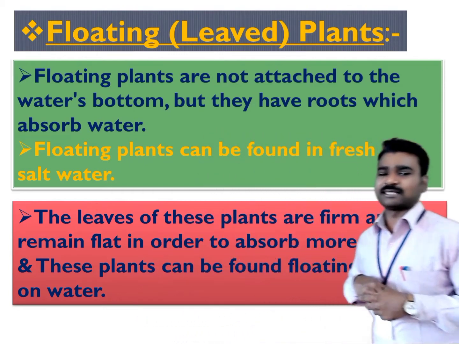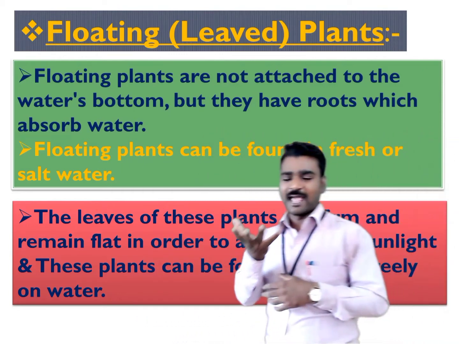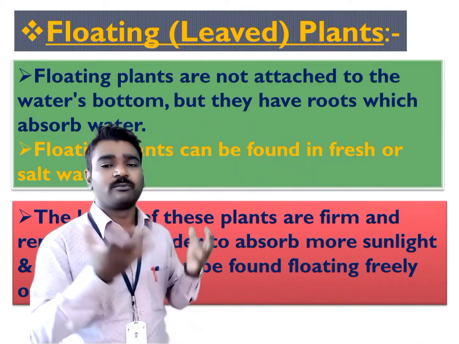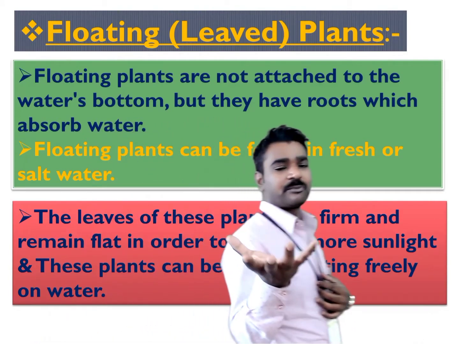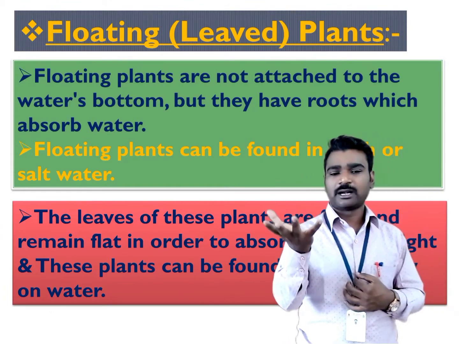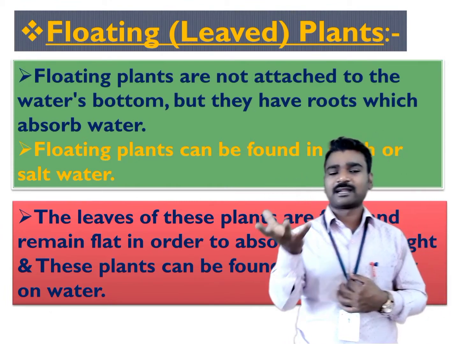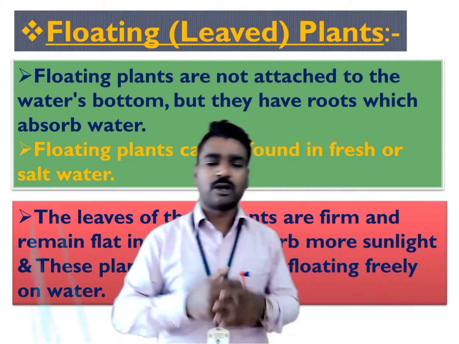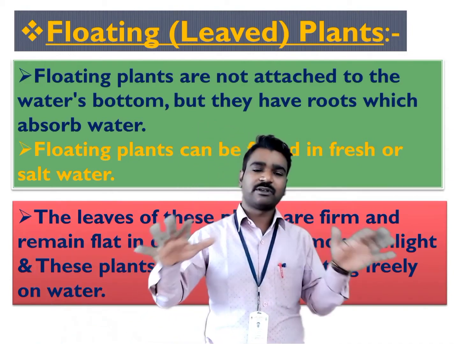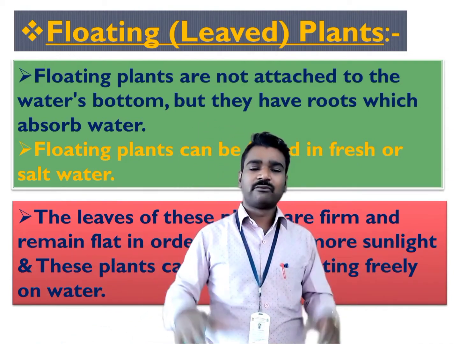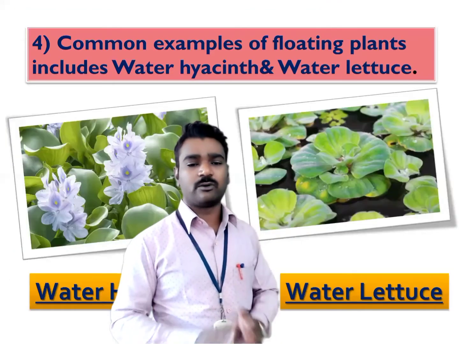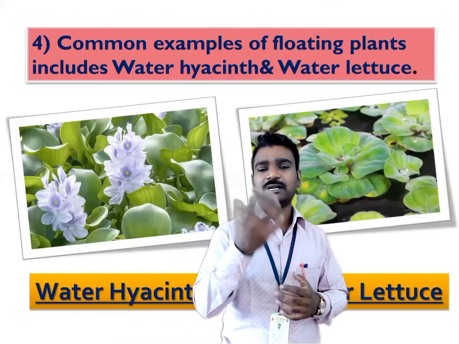The leaves of these plants are formed and they are flat. As they are flat, they can absorb more sunlight, and for that purpose these leaves are broad and flat. These broad and flat leaves also help them to float freely on the surface of the water because of their broadness.